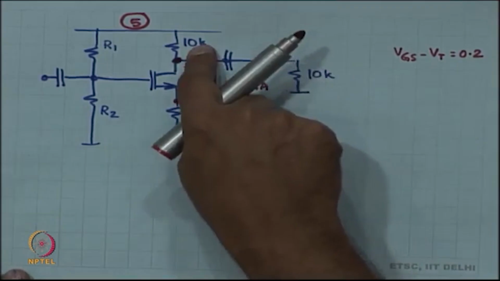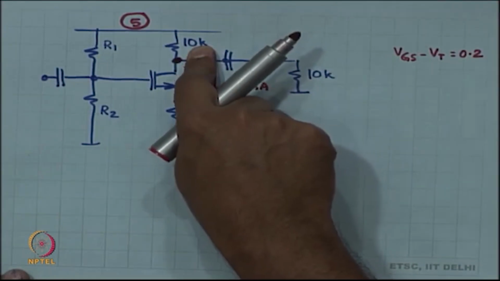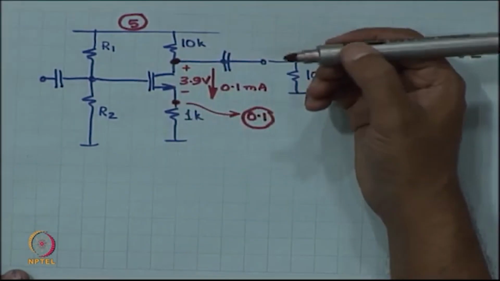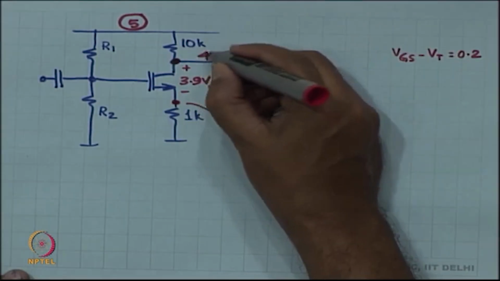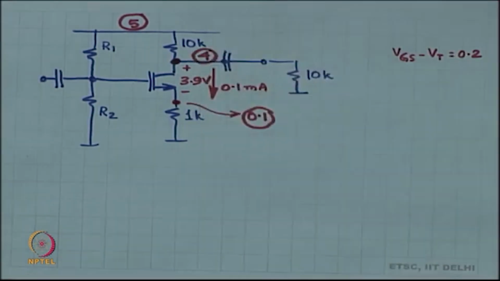0.1, 10 K is 1 volt. One volt drop across 10 K, you start from 5 volts, so you end up at 4 volts.